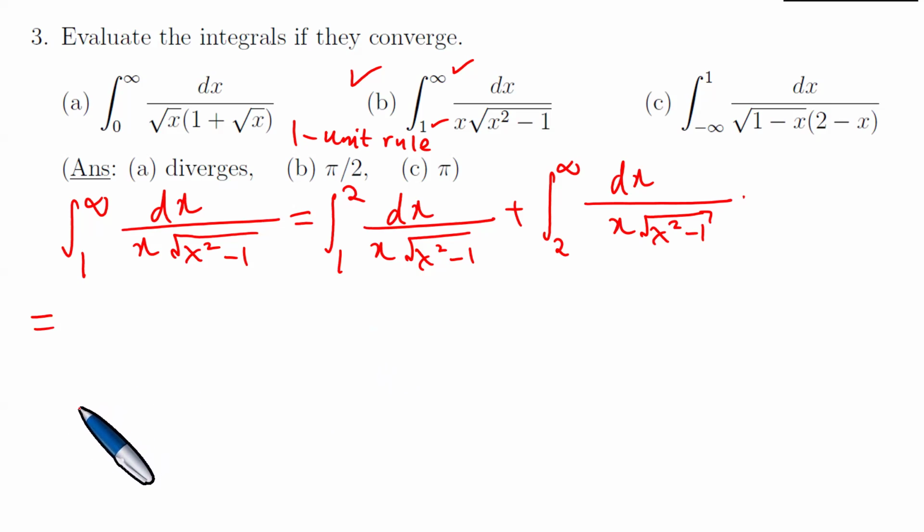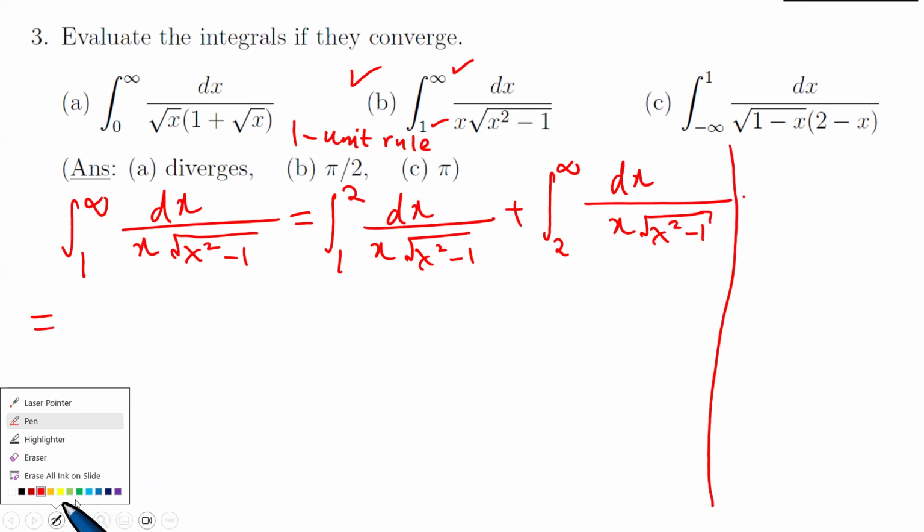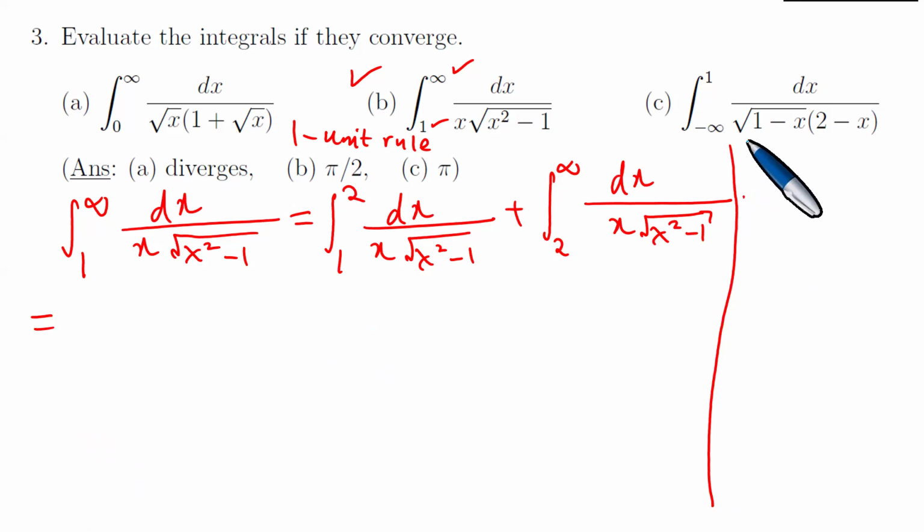Okay, now let us look at this one. The question is, what is the integral here? We need to do the integral very fast here on the side. To do this integral, we're going to let u be the x squared minus 1. Right, so we continue.